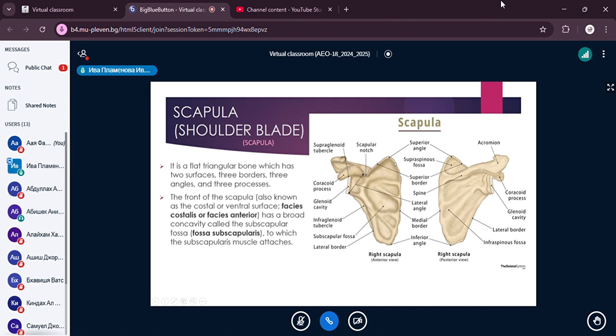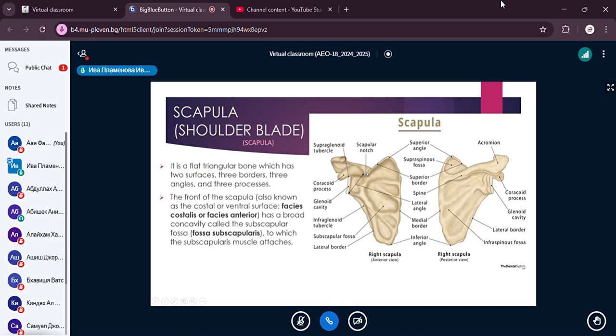Here on the superior margin, we can find the suprascapular notch, incisura suprascapularis. If above this notch there is a transverse ligament, the superior transverse ligament, this notch is converted to the foramen.